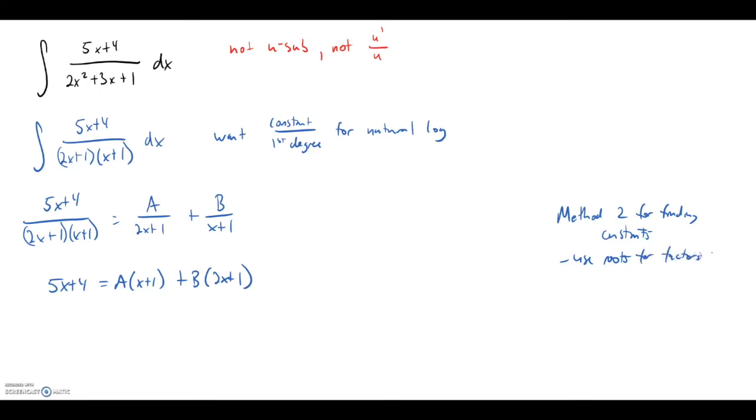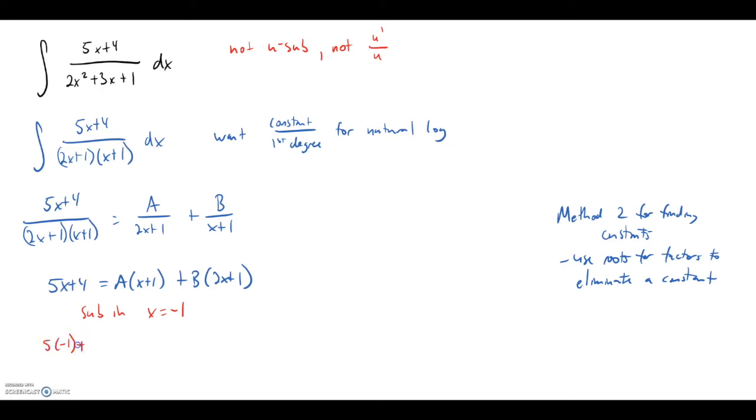that will involve using the roots for each of those factors from the original denominator. And we do that in order to eliminate one constant at a time to solve for the other. So we'll start by focusing on the factor x plus 1 and use its root. We're going to substitute in an x value of negative 1.